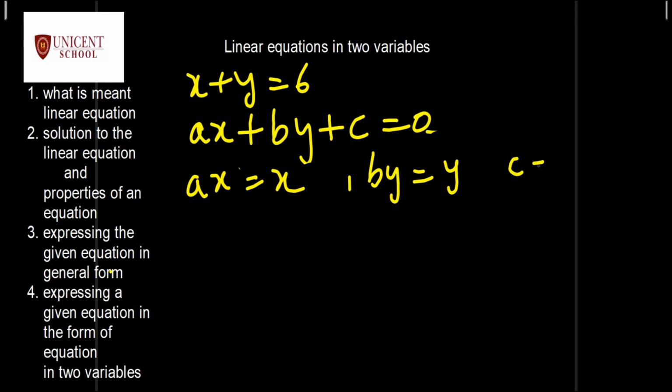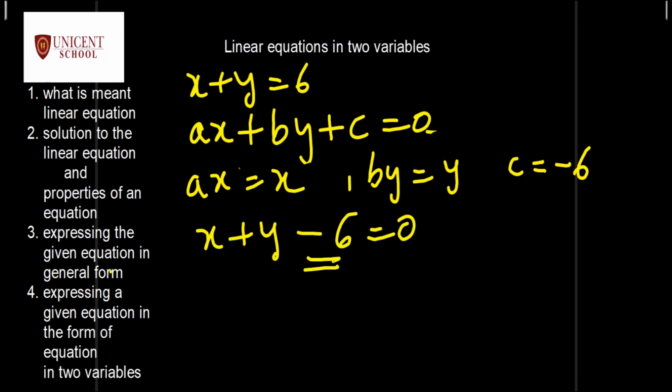In the place of c, what do I have? It is minus 6. Let's see. x plus y minus 6 equals 0. That is, the c value is minus 6. So this is the general form. This equation is converted into the general form. This helps us to plot the graph and study the graph easily.